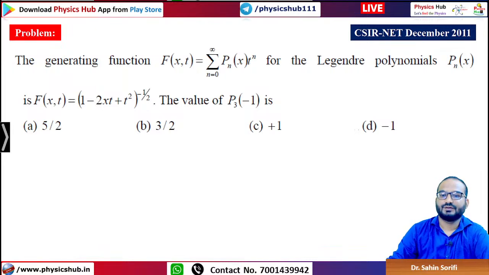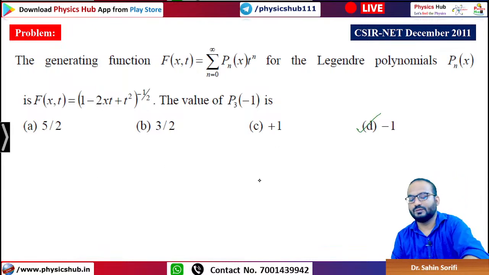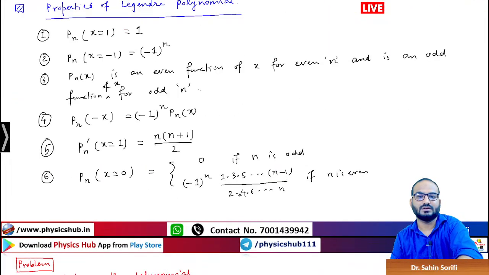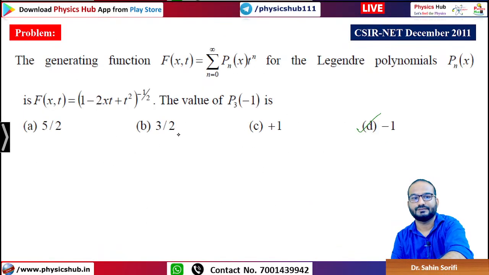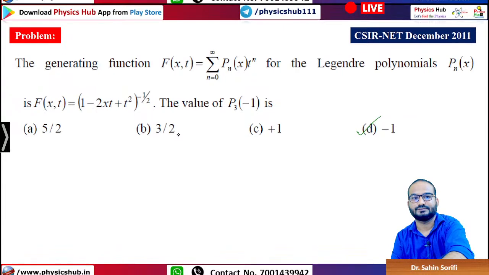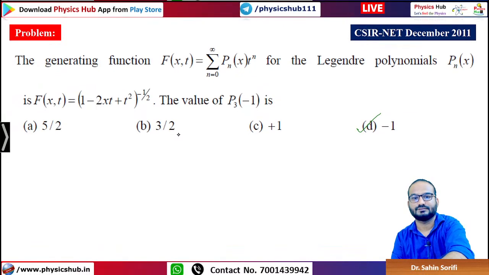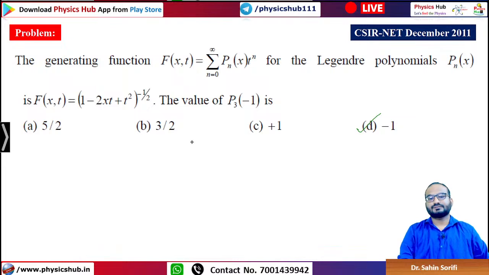D. Look, by using the properties itself, we can directly tell it. If you look at this property, Pn of minus x equals to minus 1 to the power n Pn(x). Let's do this.